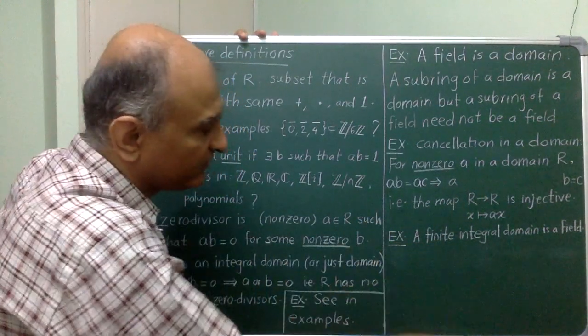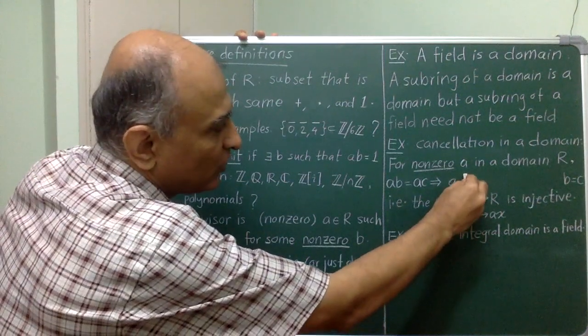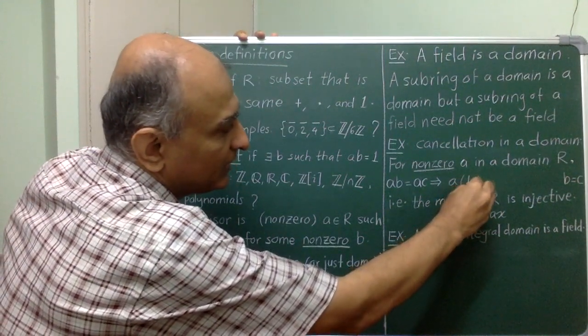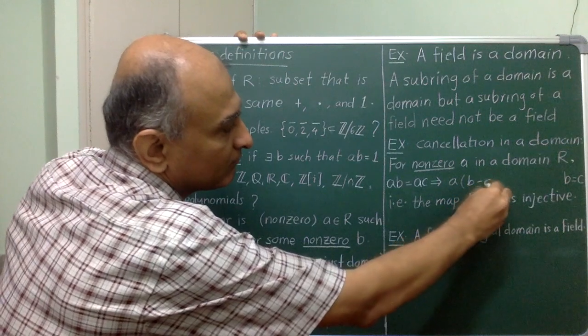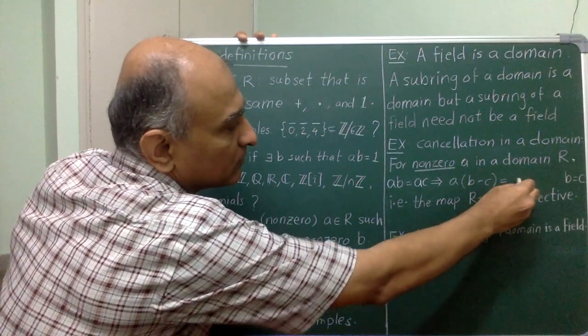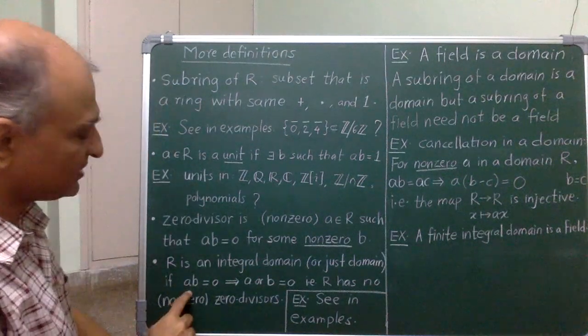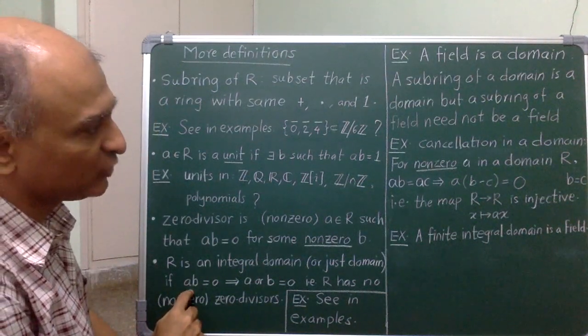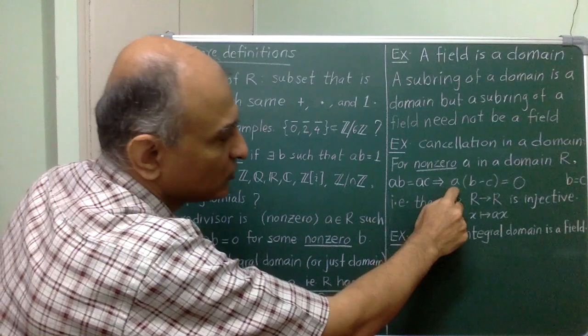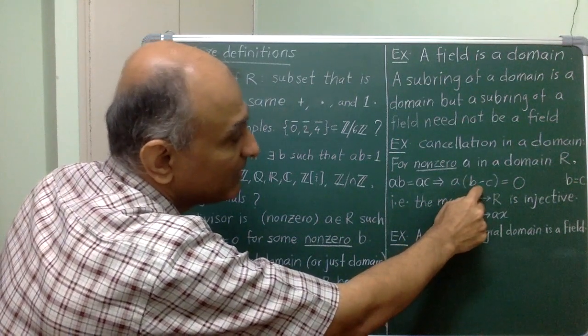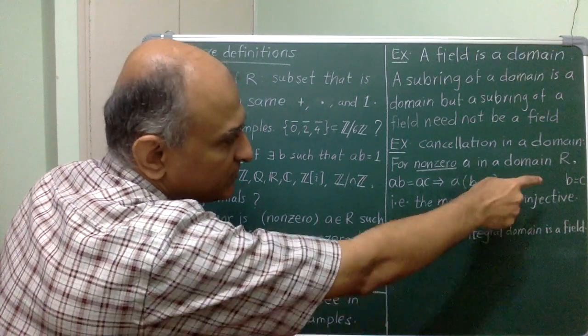By using distributivity, I can take A to be a common factor and conclude that A times (B minus C) is equal to 0. Now I am in this situation. I have an integral domain and A is non-zero, so therefore that gives me that B minus C is 0. In other words, B is equal to C.